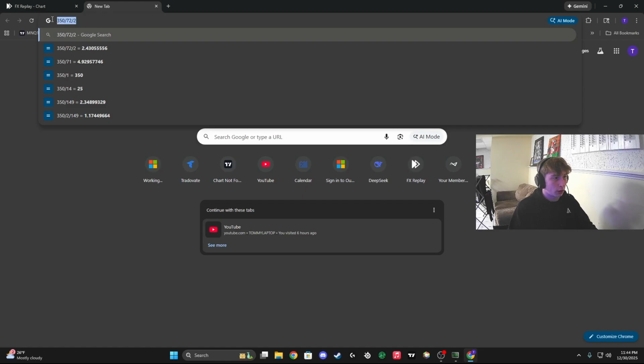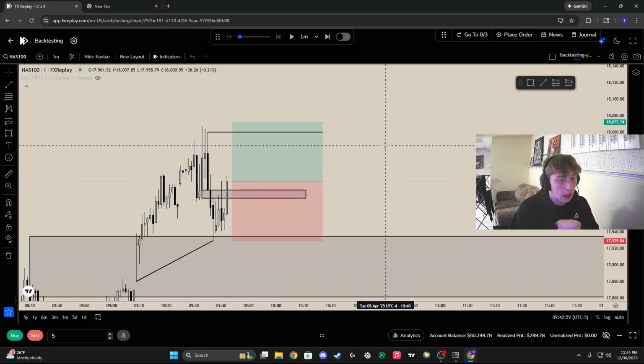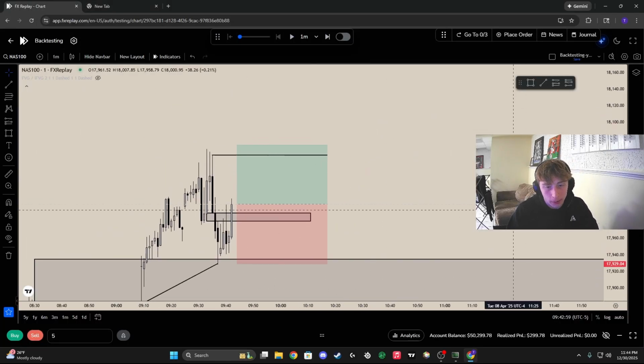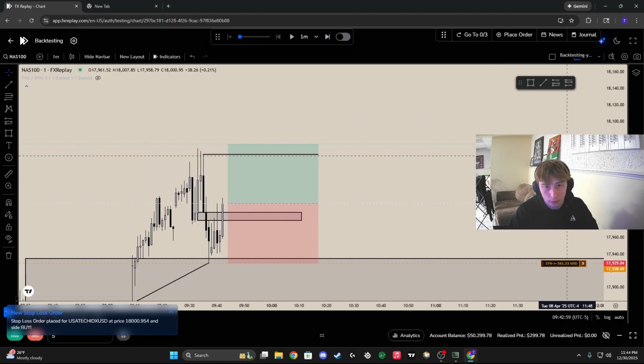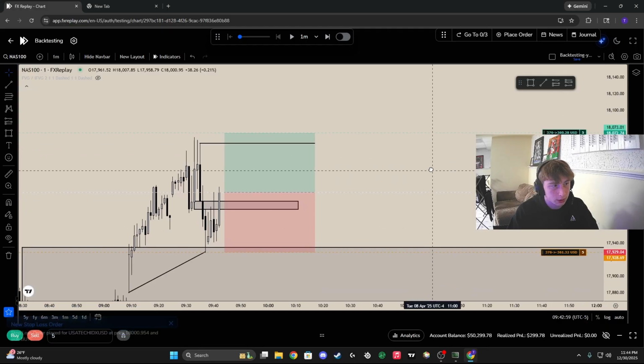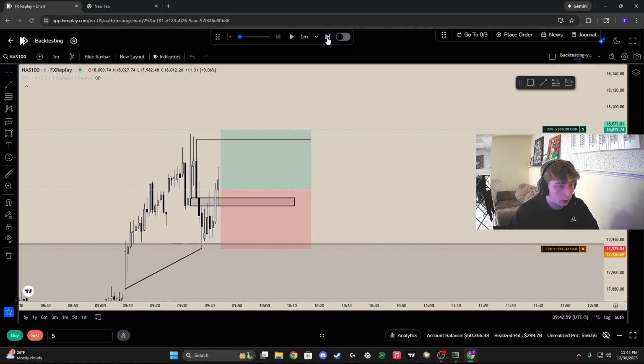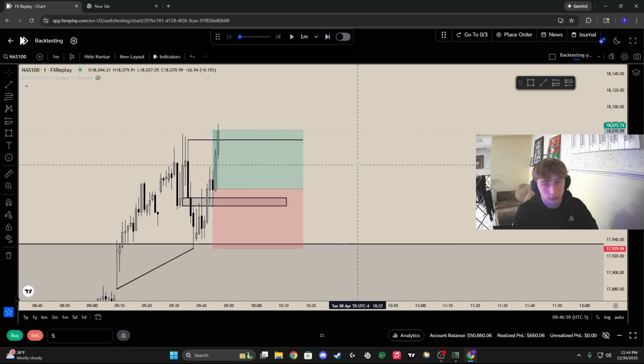This would be your real contracts, but for this, you just do it like that. Hit buy, TP at the high, or not the high, just a little bit above, because I want my stop loss at the low. It should pretty much equal the same, and then we're going to see, skip, there we go.